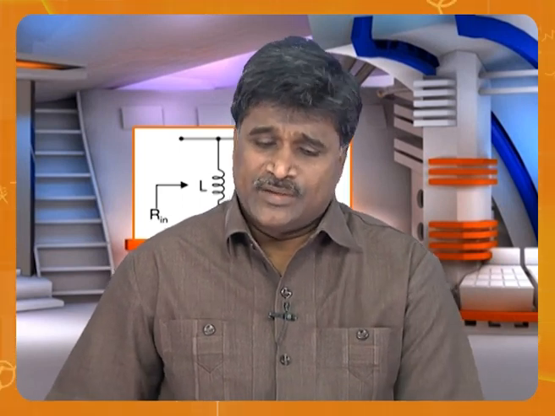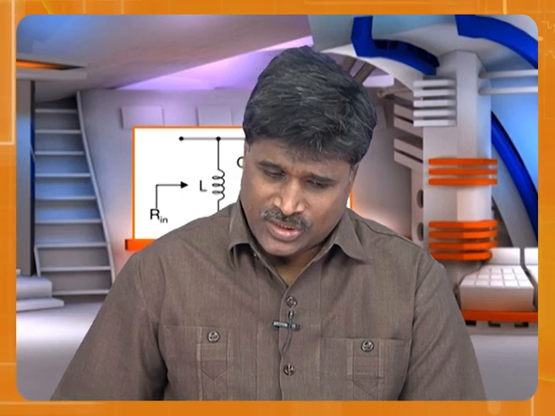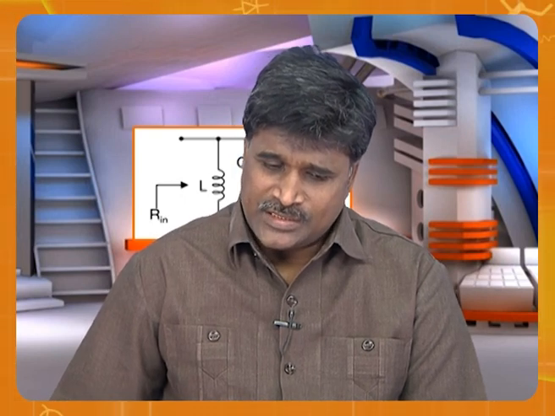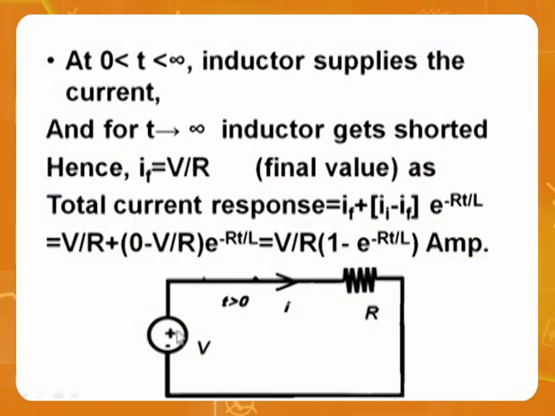That's why inductor is acting as short. Then what is this current? Simply Ohm's law, I is equal to V by R. That's why final value is V by R. Initial value, as we discussed, 0. So the response is V by R times 1 minus e power minus R by L t. So this is called inspection method.